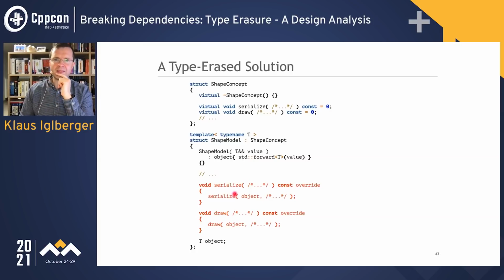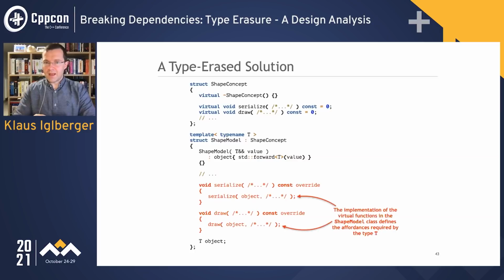Again, I don't implement them on my own. I again forward. I now explicitly state that whatever I have, whatever my object is, I now expect this object here to have a draw function and a serialize function. So whatever I get, whatever I store, must have a draw, must have a serialize.